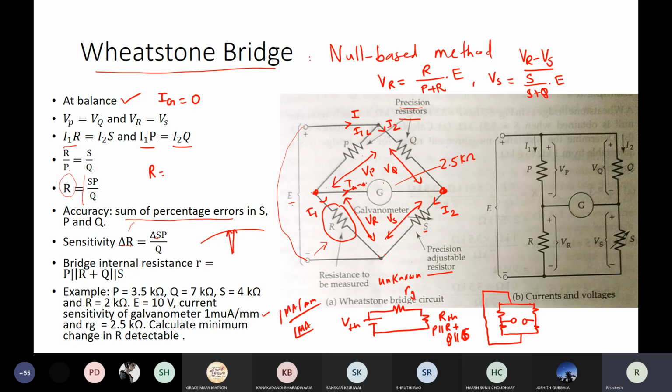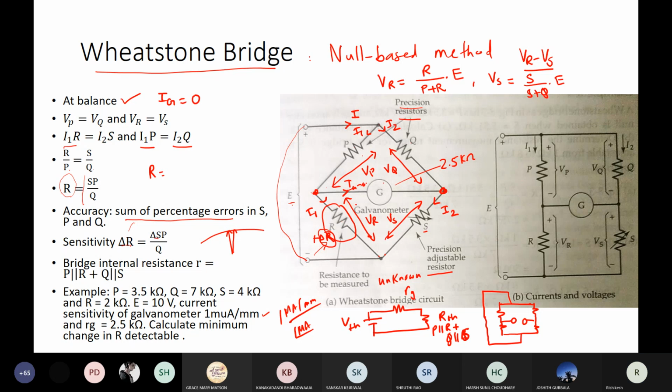So that means it is caused by a minimal change in R, right? R, let's say, changes to R plus delta R, and then the galvanometer will indicate 1 microampere. That delta R is the minimum change that has caused that deflection.